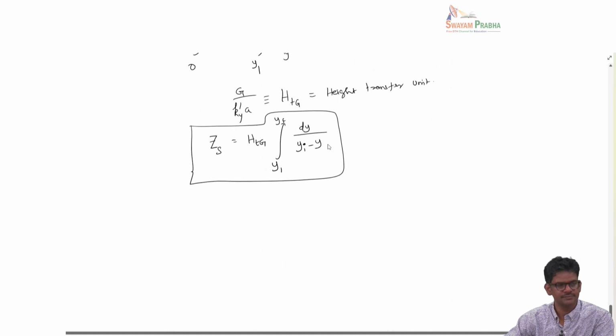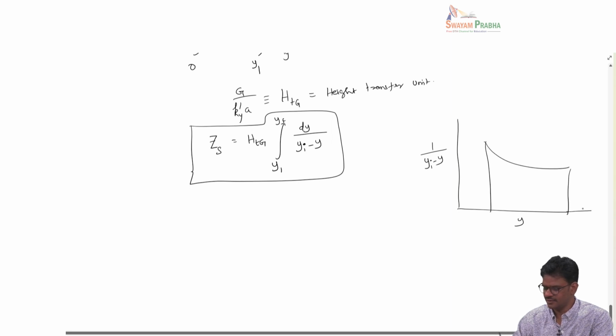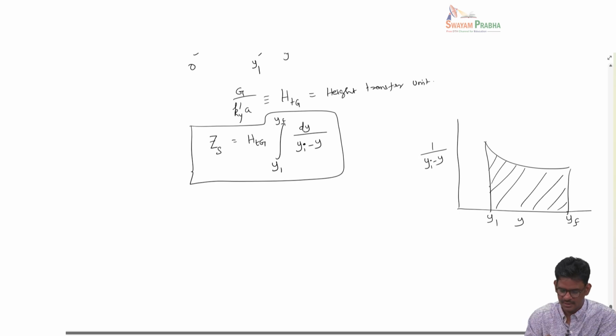So what it means is, we have to plot 1 over yi minus y versus y, and then you have this integral going from y1 to yf. So that is this value. We can also write this as HTG times NTG, and NTG is this integral.